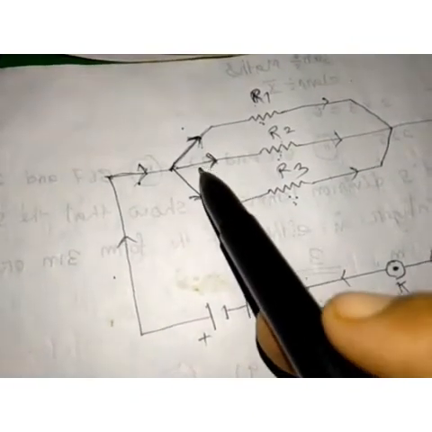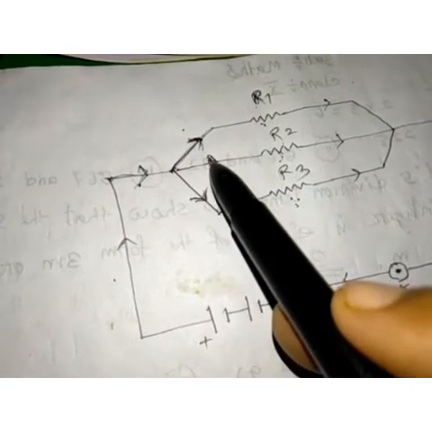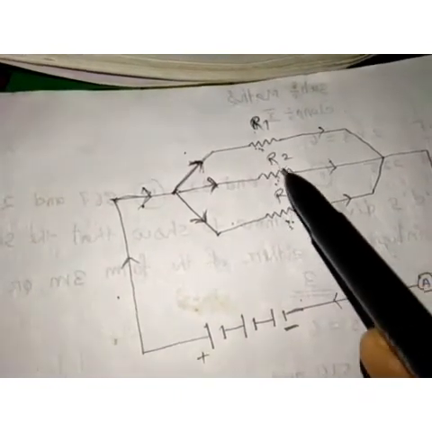That means in all divisions the current may not be the same. Through the R1 resistor, the R2 resistor and the R3 resistor, the same amount of current may not flow. That means when resistors are connected in parallel, the same amount of current does not flow.